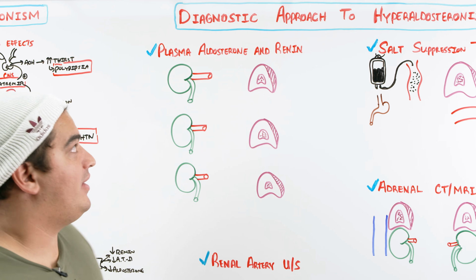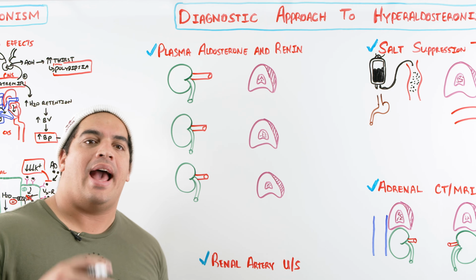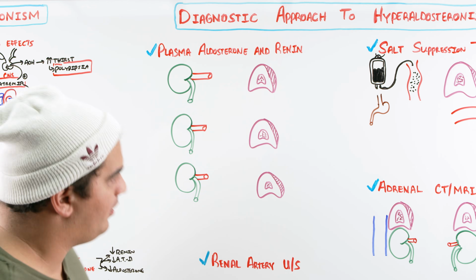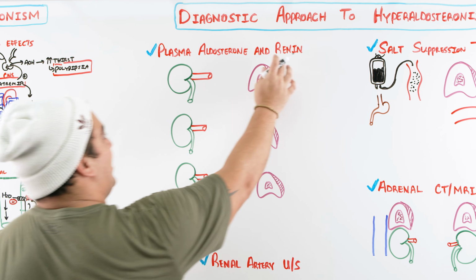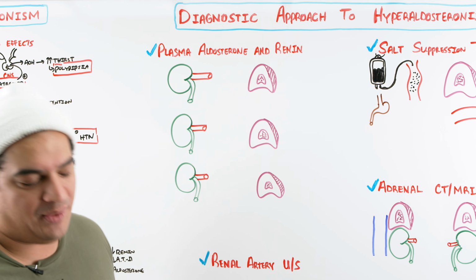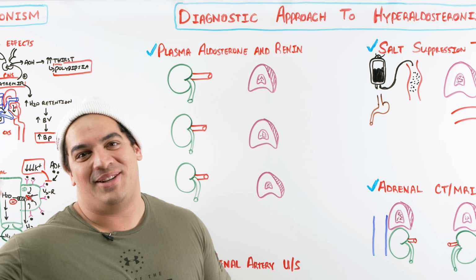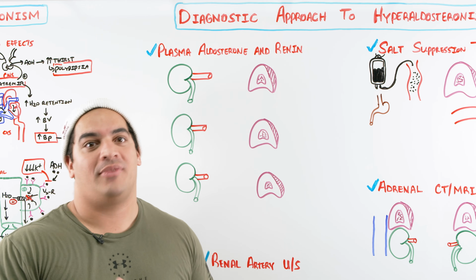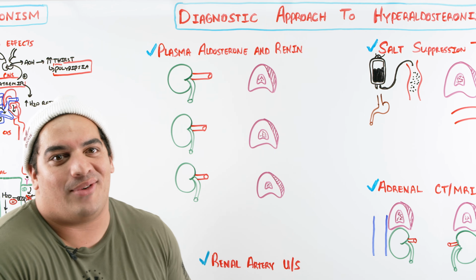Let's talk about that. All right, my friends, so now we got to work up a patient who we think has hyperaldosteronism. So first thing we do is we check the aldosterone and renin, and we can actually use a ratio between them. This is why I was spending so much time on the causes. I think this is going to be super helpful because we already covered it a little bit.